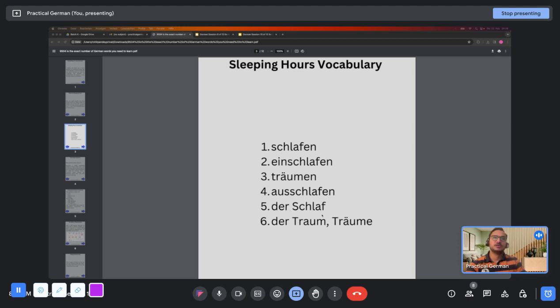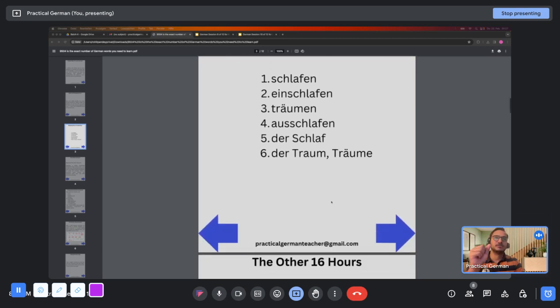Traum means dream, träumen means to dream, schlafen means to sleep, einschlafen means to fall asleep, ausschlafen means to sleep well, to sleep completely. Der Schlaf is the sleep. So you need 6 words for the 8 hours of sleeping.